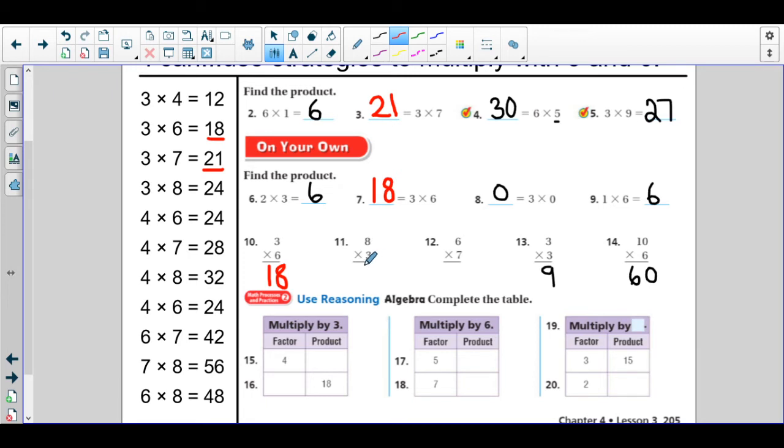4 times 3. That's going to be right here. That's 24. 6 times 7. That's going to be right here. That's 42.